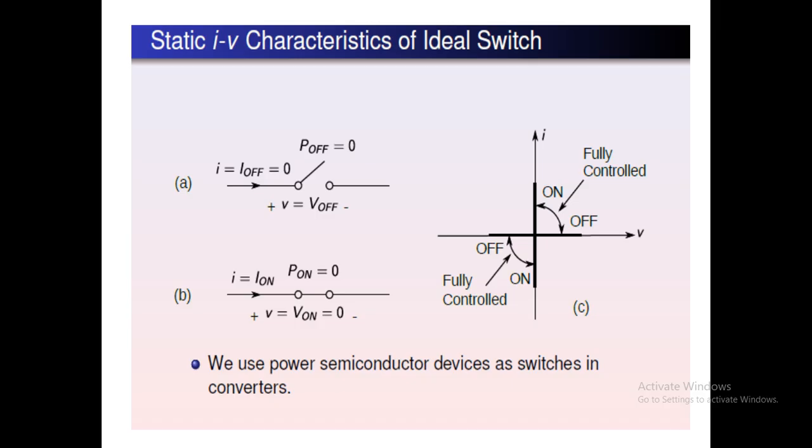If you are turning on the device, that is for a fully controlled device, we turn on the device by applying some gate signal, and the device suddenly goes to the on state.